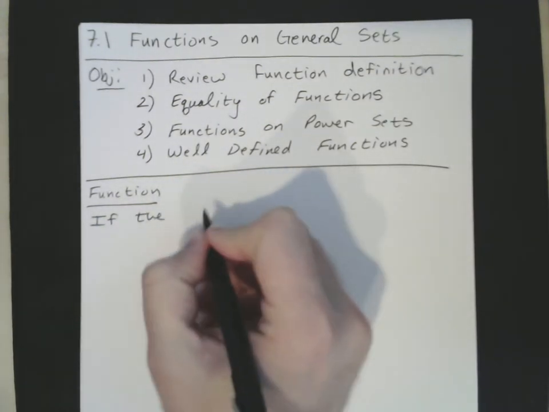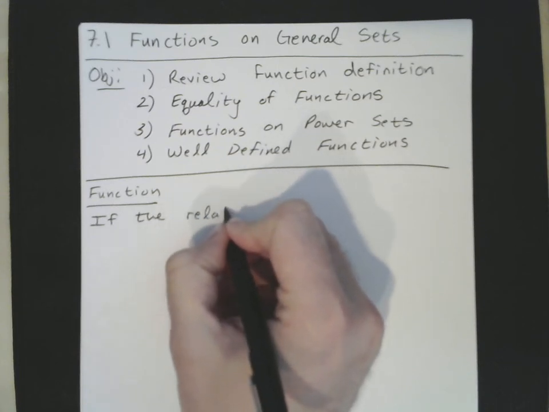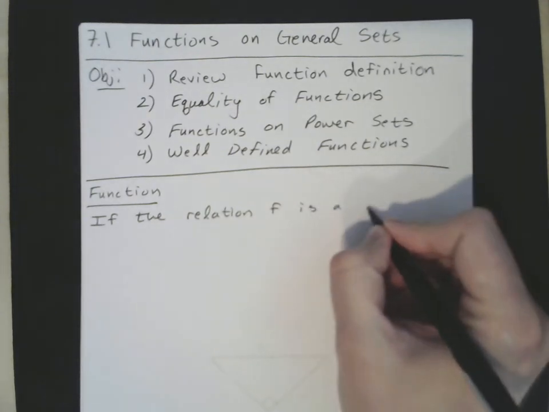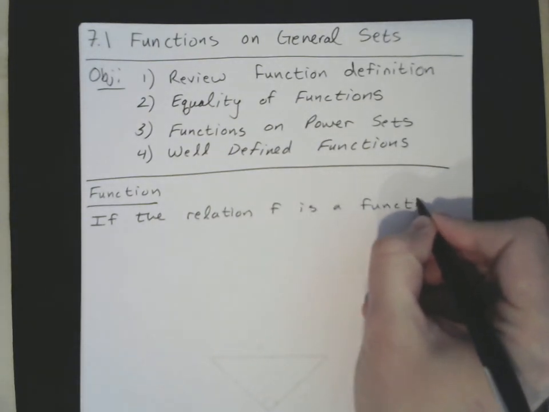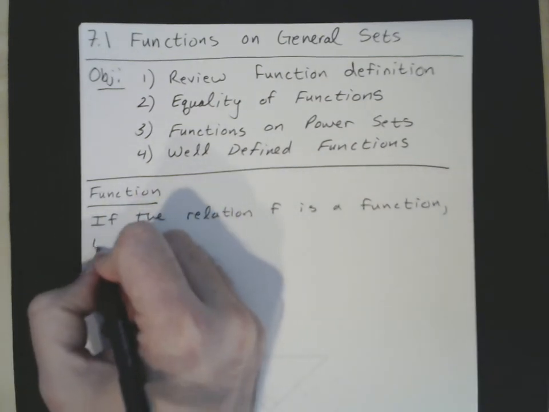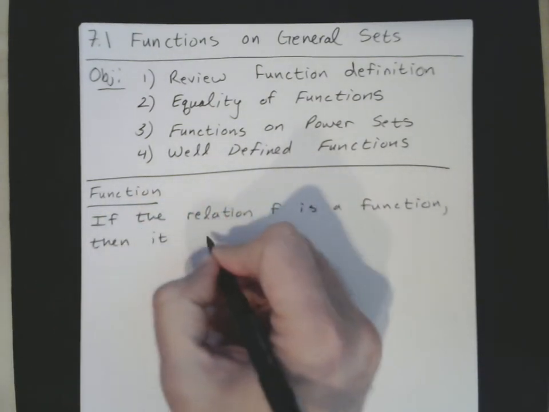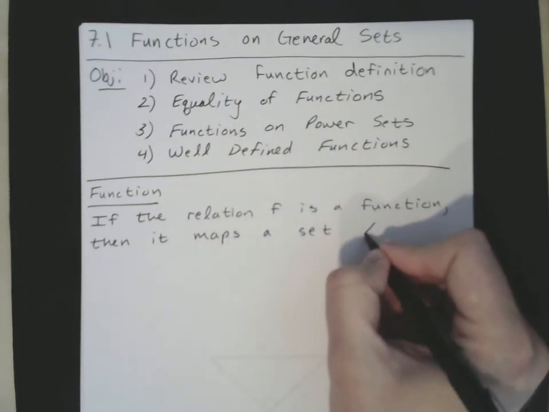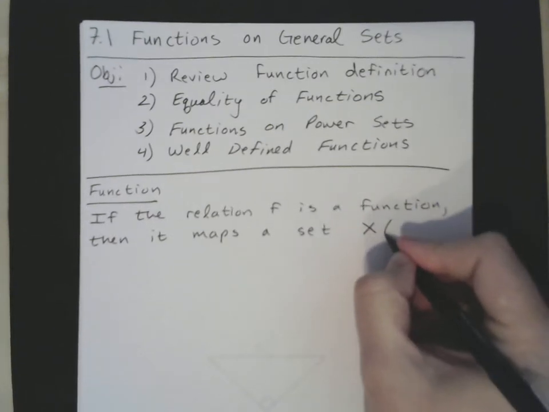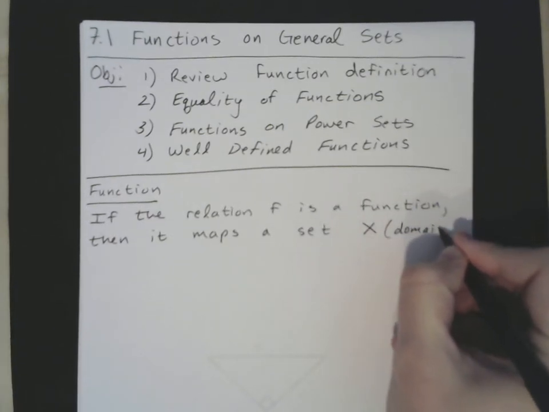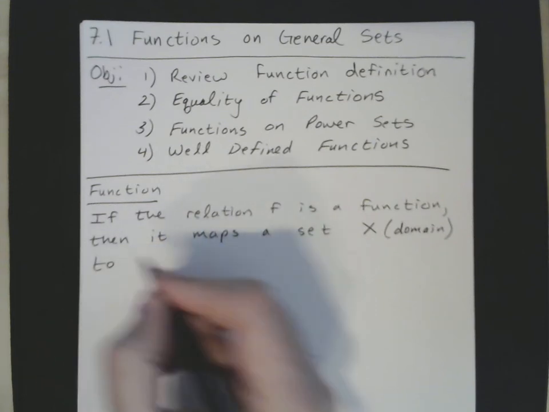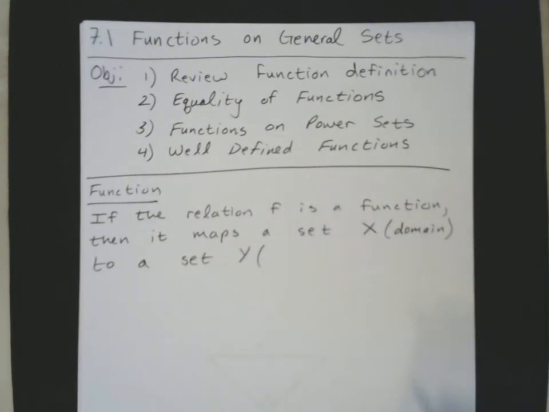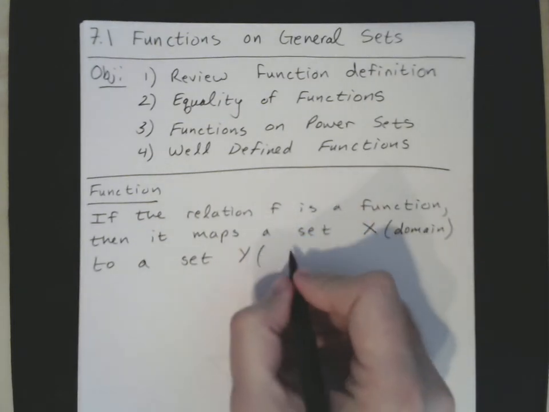So if the relation f is a function, then it maps a set X, capital X. This is the domain, to a set Y. This is where we have some new terminology.